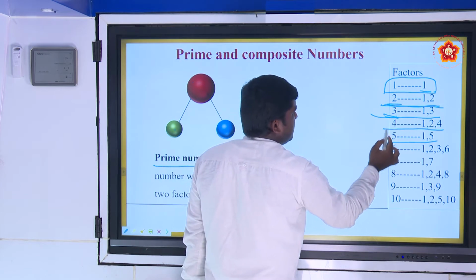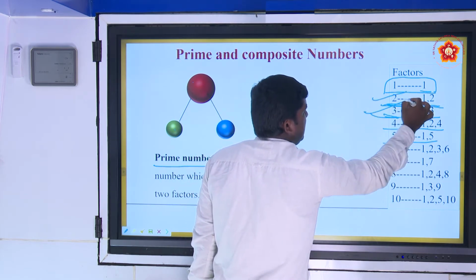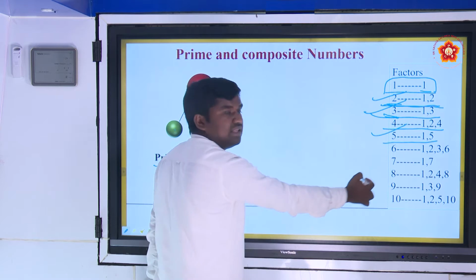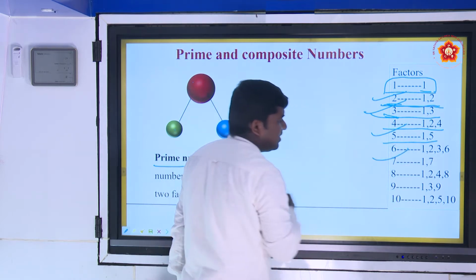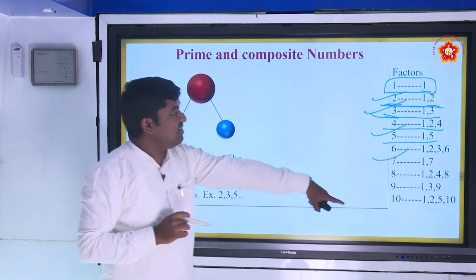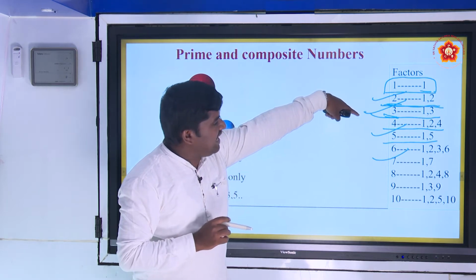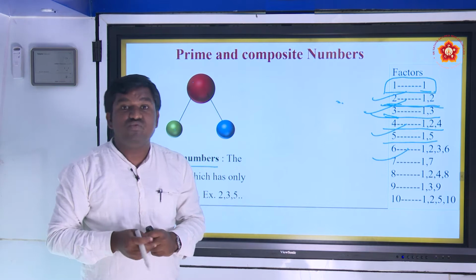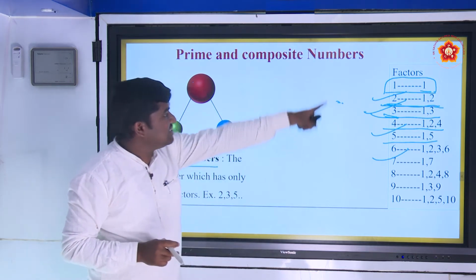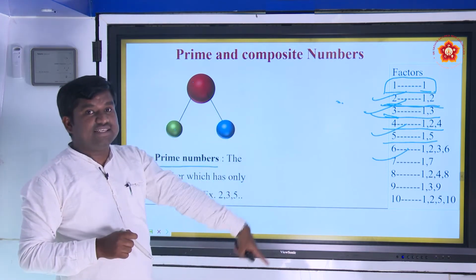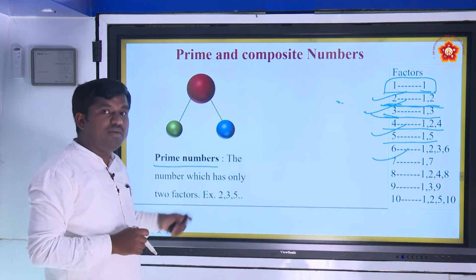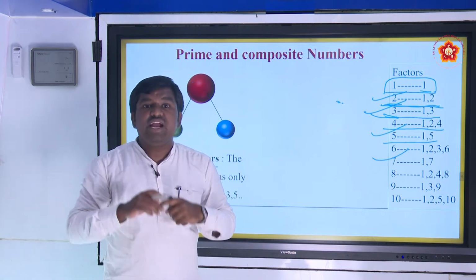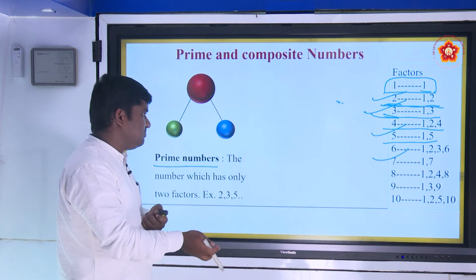Then 3, next 5, okay, next 7. From 1 to 10, only 2, 3, 5, 7 have only 2 factors. These are called prime numbers. Prime numbers means the number which has only 2 factors.